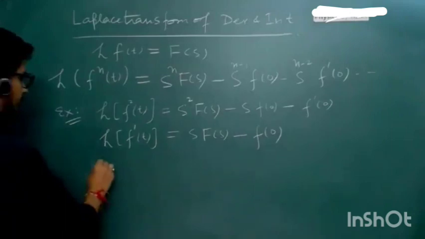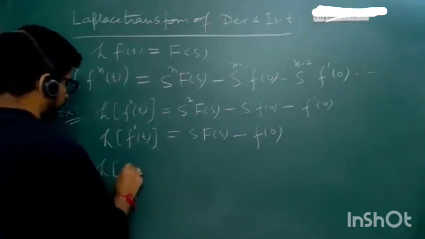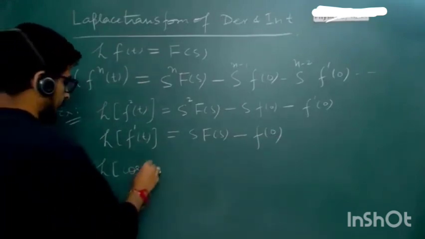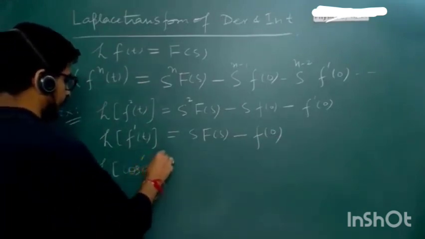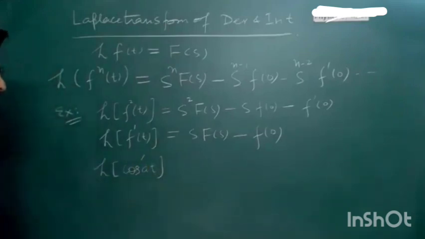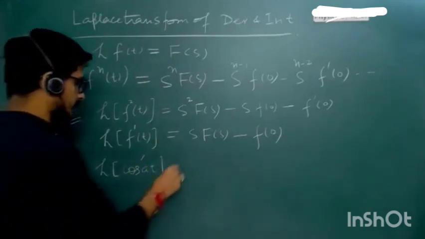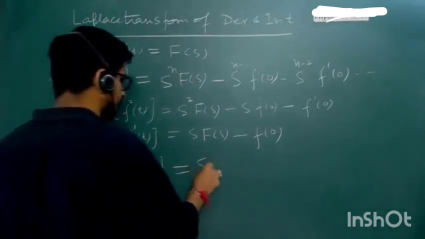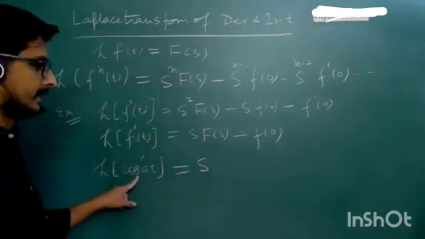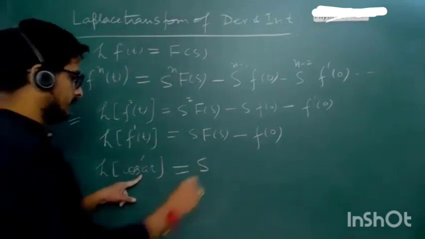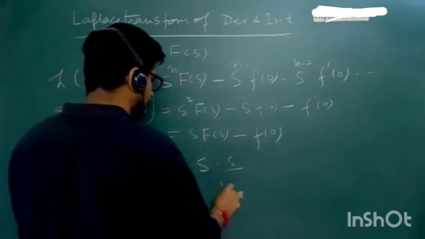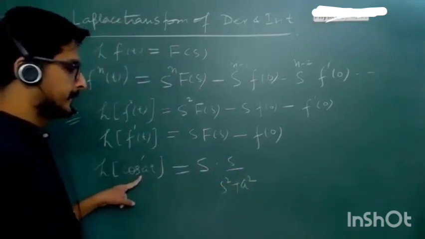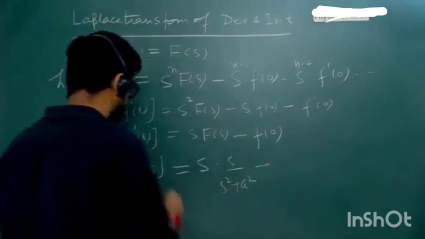So for example, I want Laplace of the cos at derivative. Please see this. It will become, for the first derivative, s times F(s). F(s) means Laplace of cos at. What is that? s by s square plus a square, minus f(0).